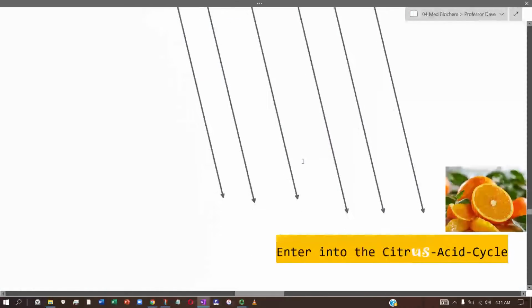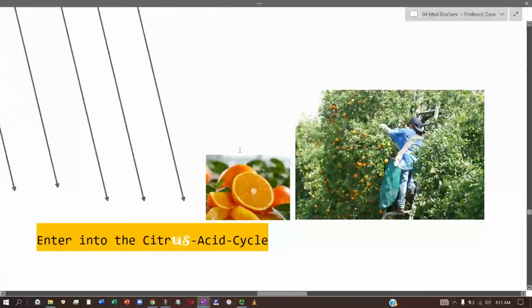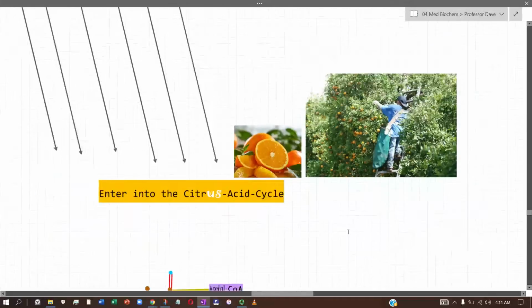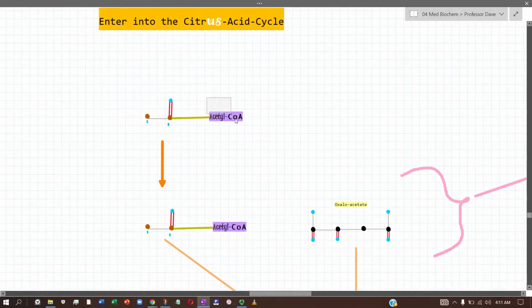What happens next is that you become able to enter the citric acid cycle. And here you have some citrus for remembering what's going on. Here, instead of having the whole molecule, acetyl-CoA is just represented by its name.